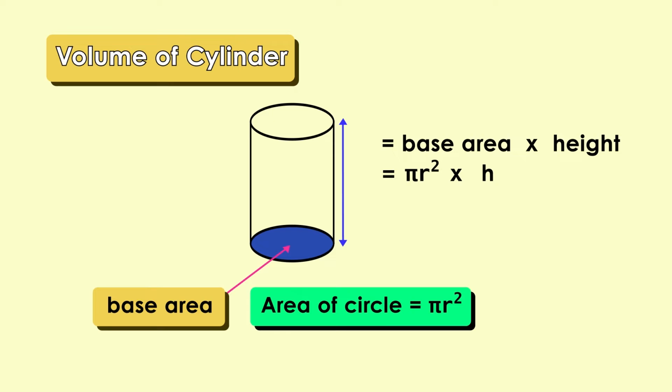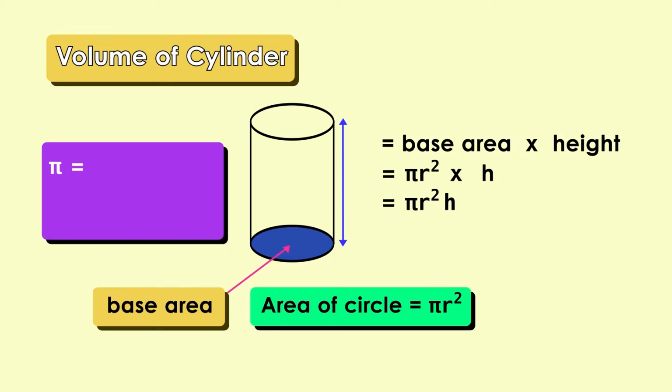In short, the formula is pi r square h, where pi is the value of 3.142 or 22/7, r is the radius of the circle, and h is the height.